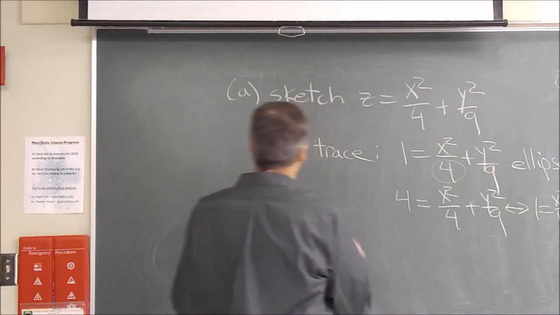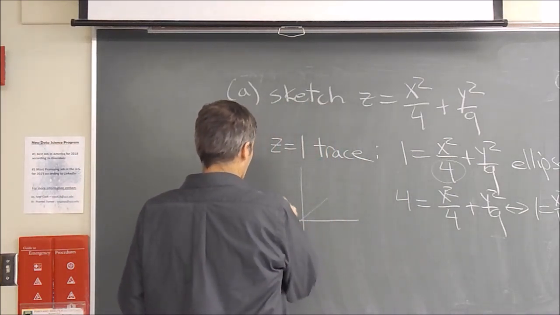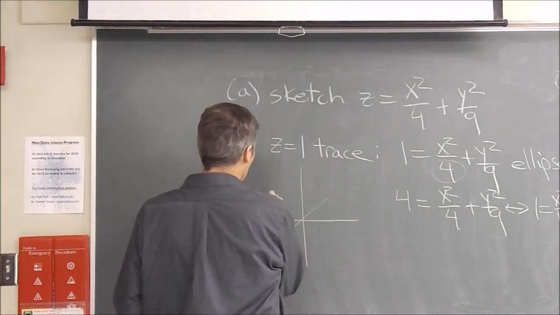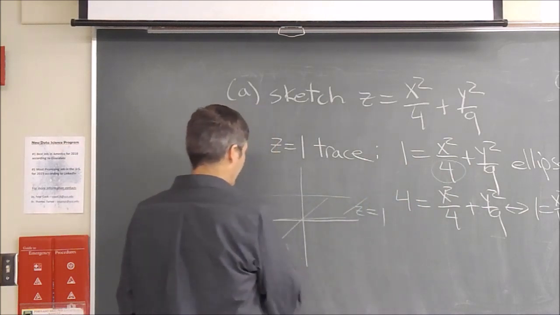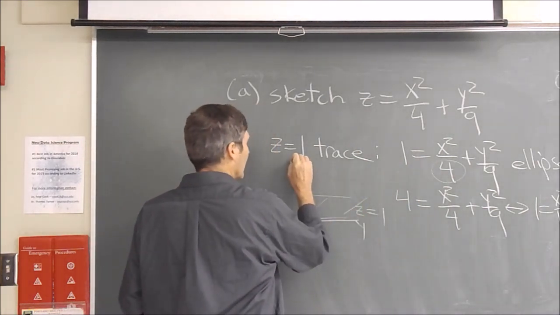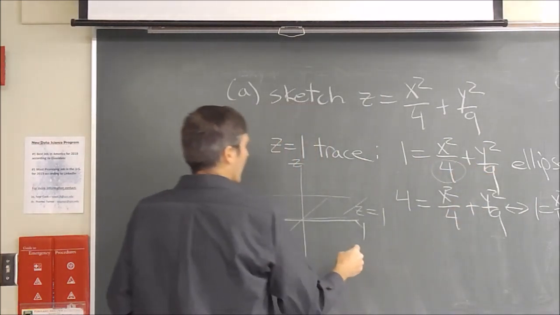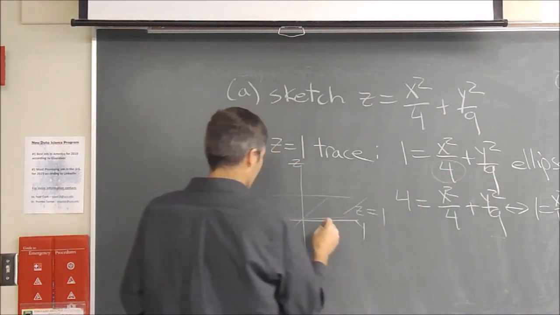And so we start drawing these cross sections like this. Here's the z equals 1 plane, 1 unit above the xy plane. We draw this ellipse. Center at the origin, semi-axis 3 in the y direction and 2 in the x direction.